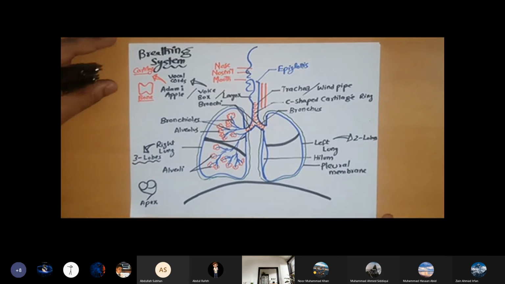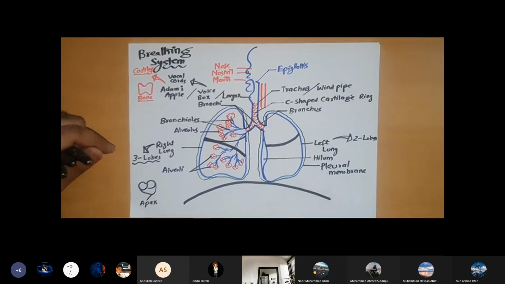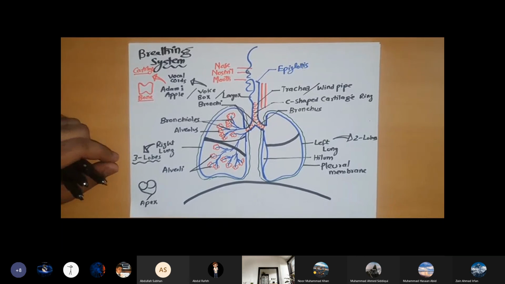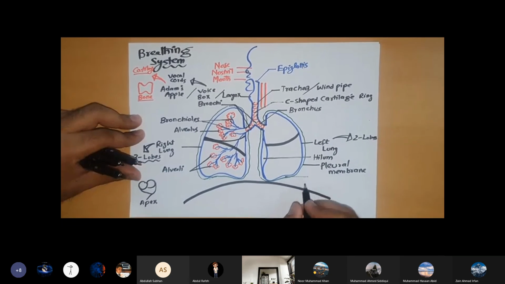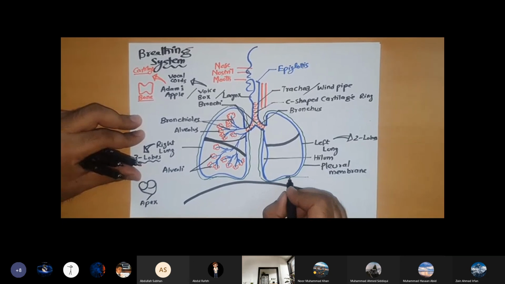Now, in between the pleural membrane and the lungs, there is a liquid, and this liquid is called pleural fluid.